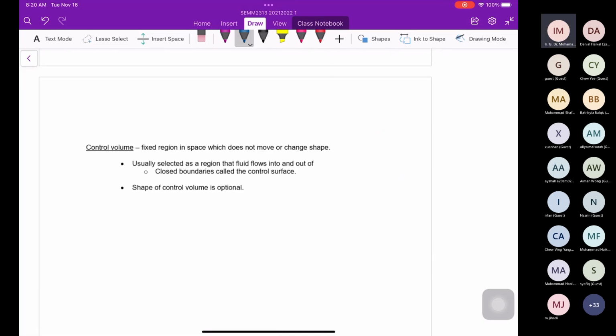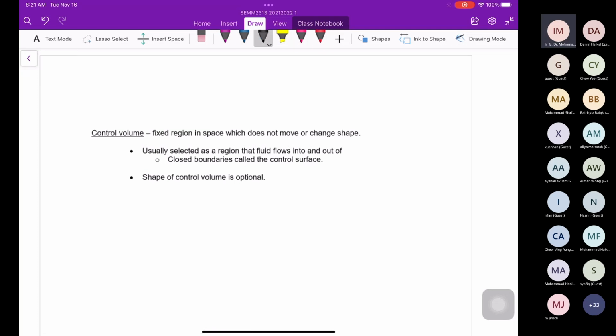However, the control volume is a fixed region in space which doesn't move or change. Usually selected as a region that fluid flows in and out of, with the closed boundary called the control surface. The shape of the control volume is optional, all right?